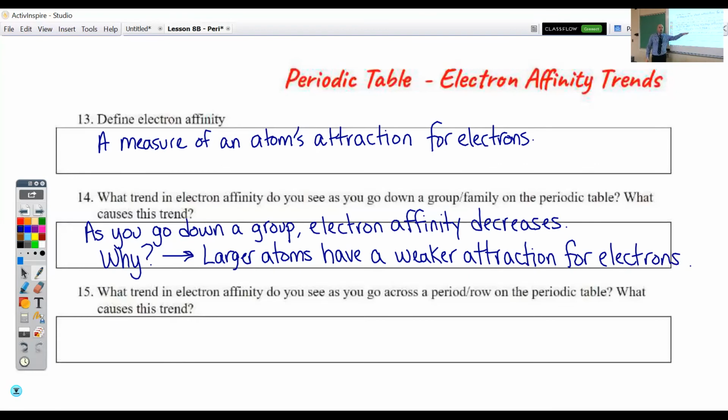Now, as you go across a period, just like ionization energy, it's going to get stronger.